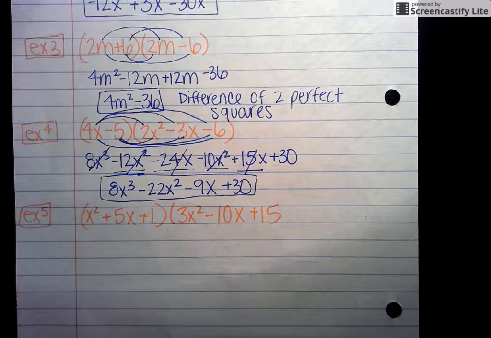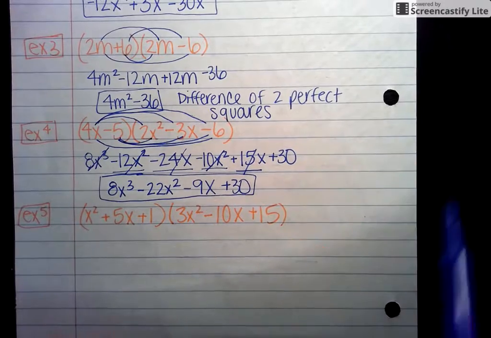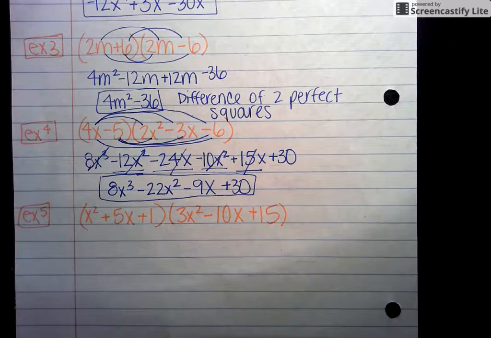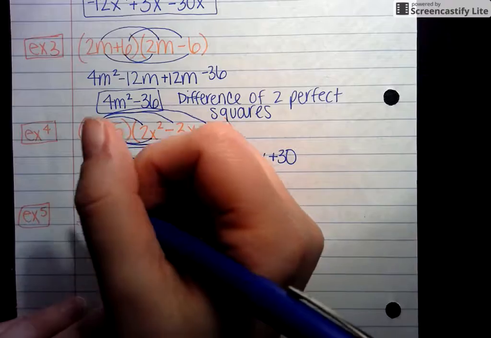This one is a trinomial times a trinomial. And this one, you're going to do kind of the same thing as the one above, where you're going to distribute to all the terms.